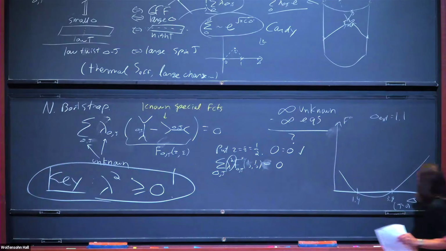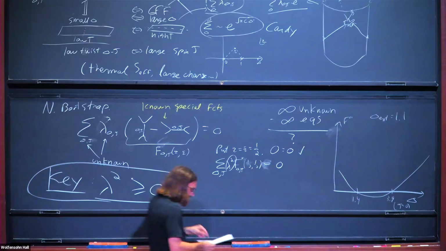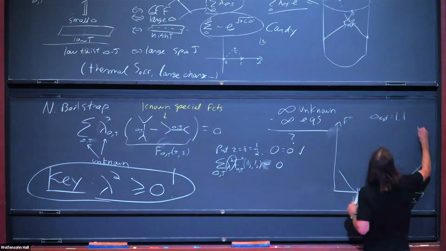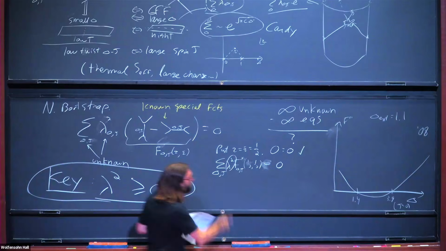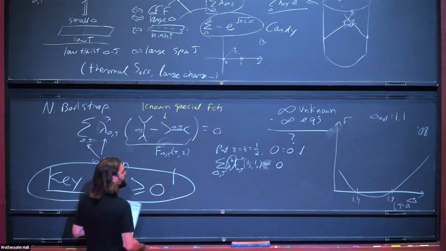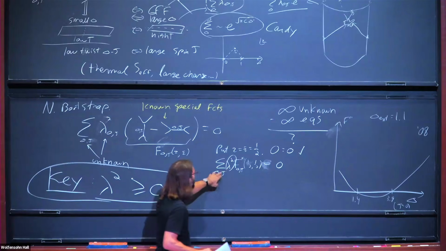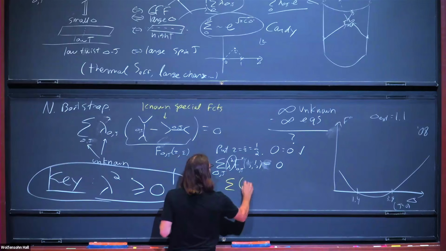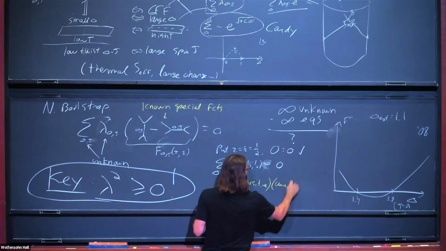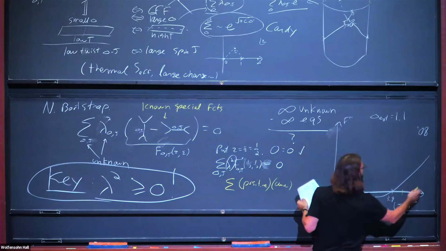The people who made this are Rattazzi, Rychkov, Tonni, and Vichi in 2008, as I mentioned. So what do we learn from this? Well, the unknowns are positive. So here we have a sum of positive numbers times this curve, weighted by wherever the operators sit on this curve. You can have an operator here, here, and here.